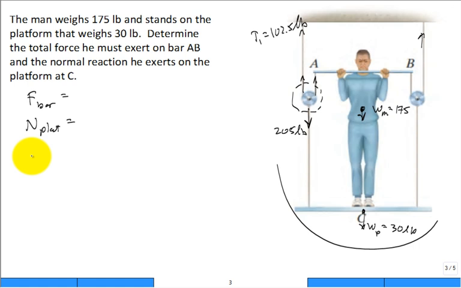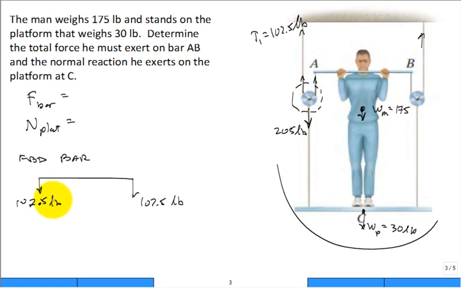All right. Then we focus on the free body diagram of the bar. I'm going to try and draw that over here. So it's feeling 102.5 pounds down on both ends because of the pulling down of this cable. Okay, the hands have to push up this time, don't they?